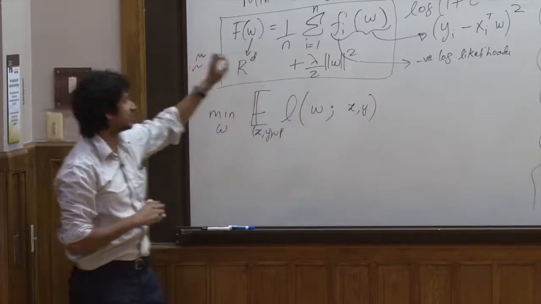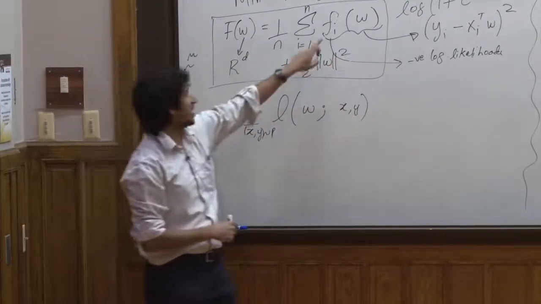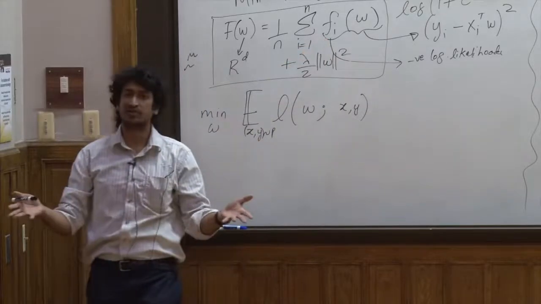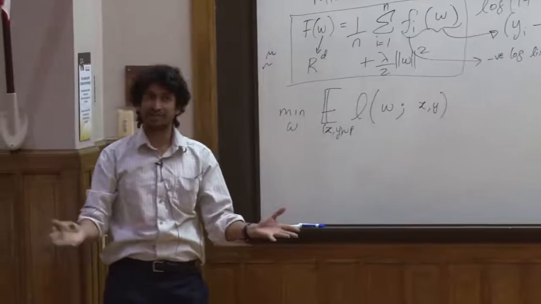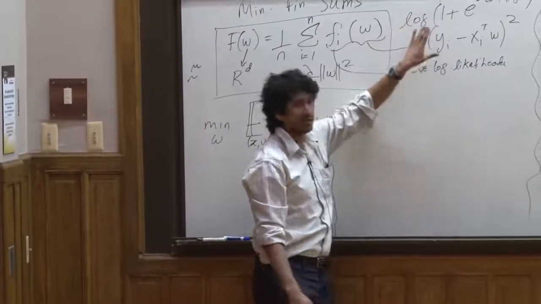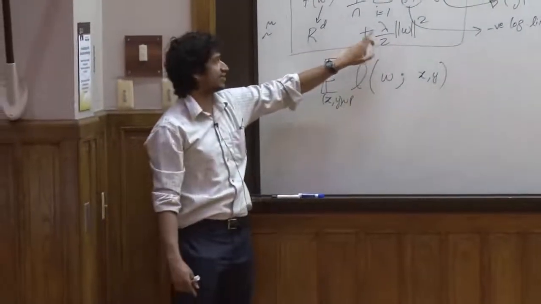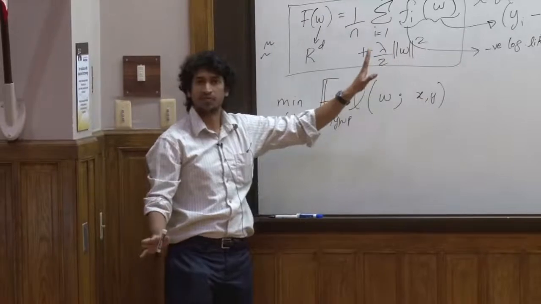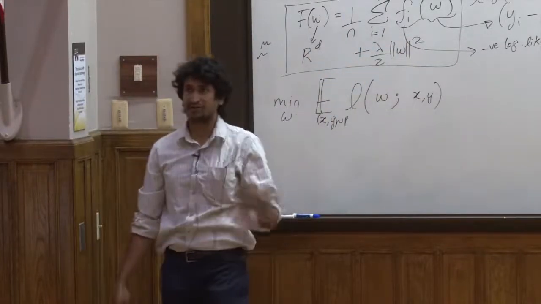Let me specify a few things that I'll use in this lecture. I'm going to take each fi as differentiable. So at least for this talk, I'm not going to be referring to the hinge loss at any point. You should think of this as a differentiable loss. It could be the logistic loss, the squared loss, things like that. And I'm always going to assume that there's this regularizer of lambda by 2 times the norm of w squared, which you might have seen earlier in the course.